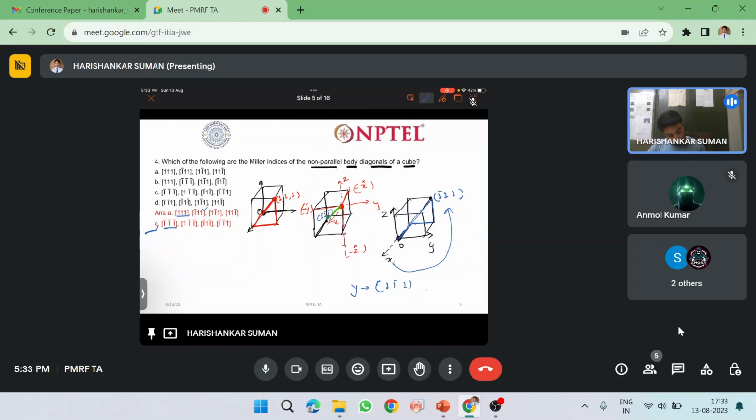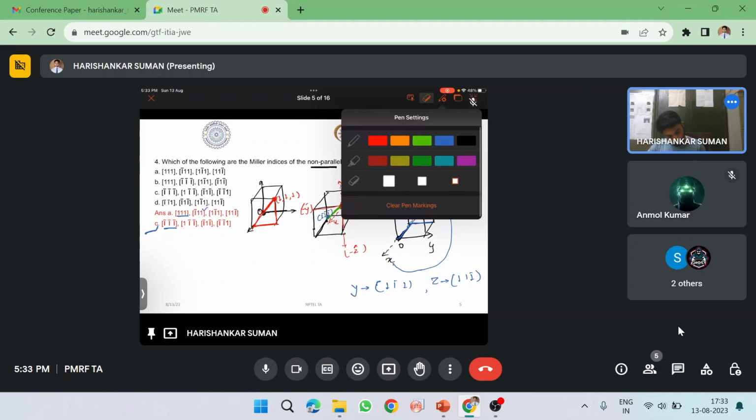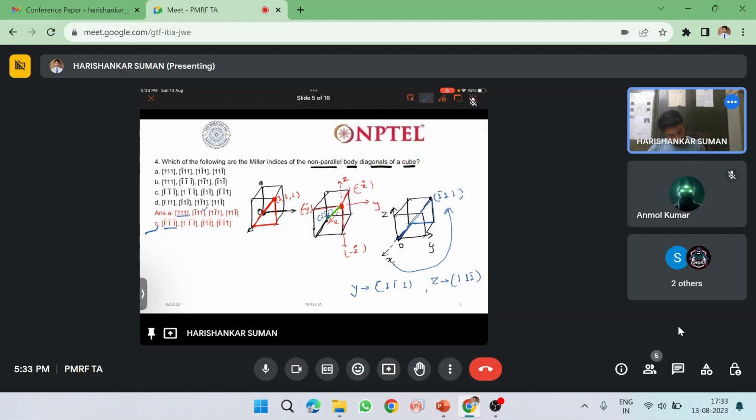And similarly for z: 1, 1, minus 1. So this and this, and for this case you can similarly go.